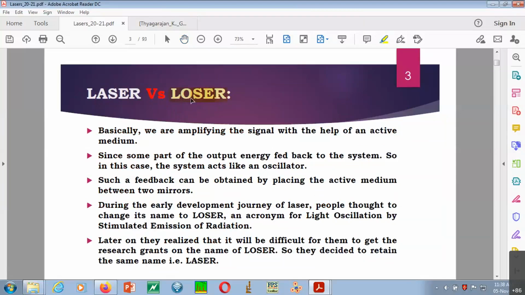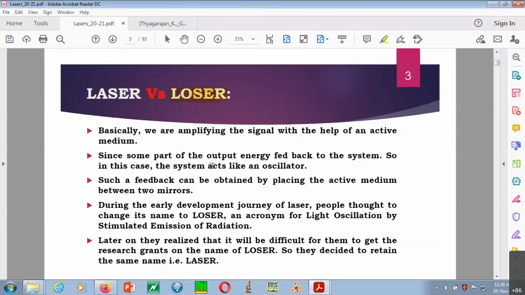This capital O stands for oscillation, because the actual process is this only. But let's see the reason why they still say laser. As I told, your signal is amplifying, but the process is oscillation. Now how does your system work as an oscillator, how does this process take place inside the system?